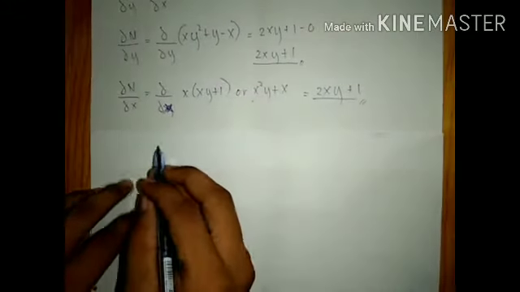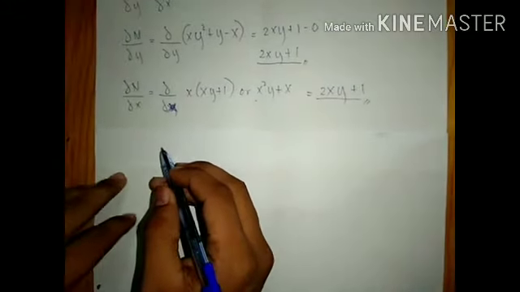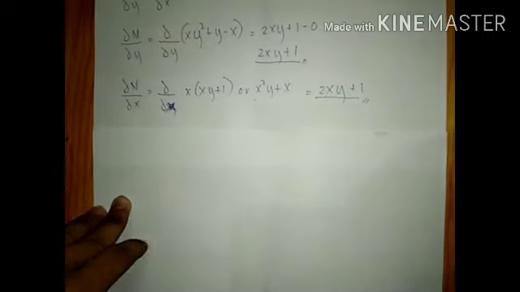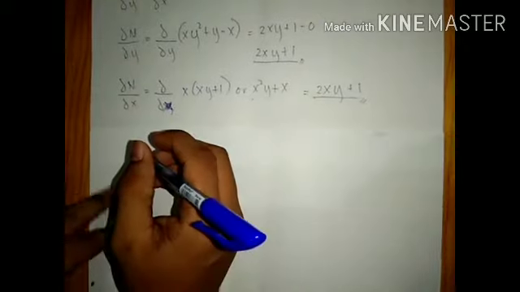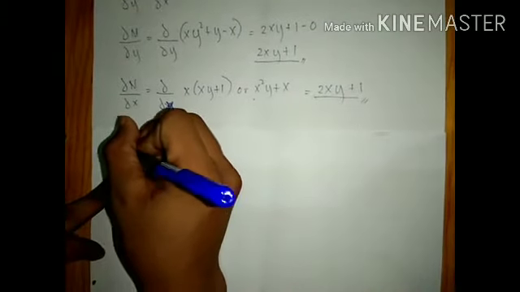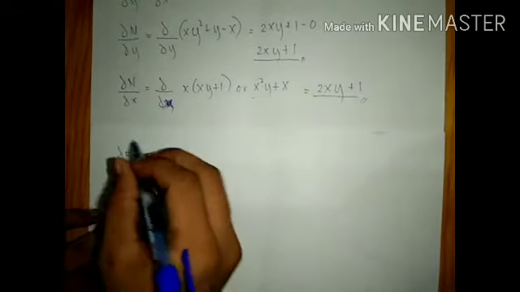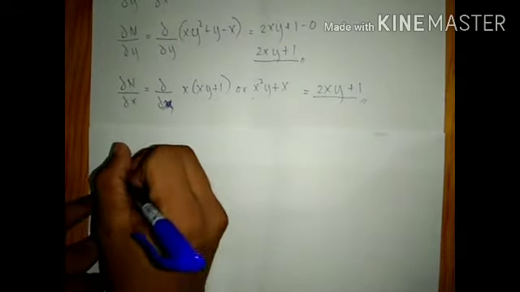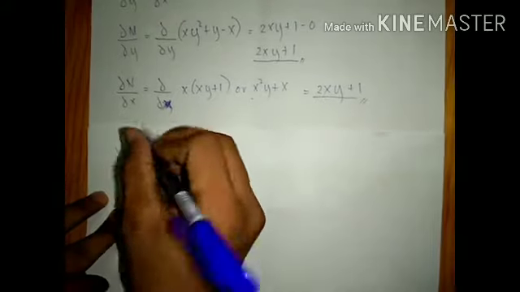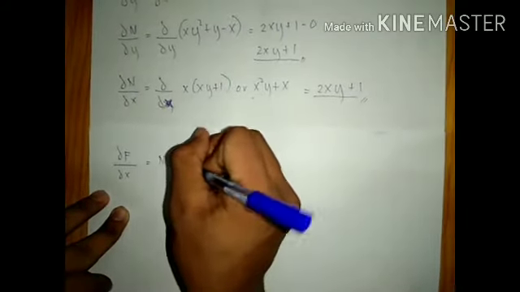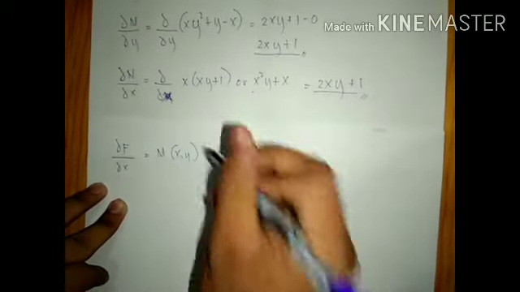Then first, we're going to solve the partial derivative of f with respect to x equals the term M, a function of x and y.